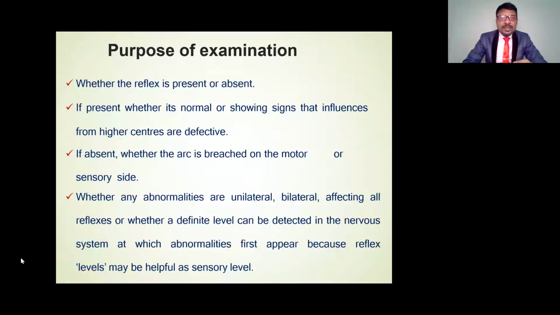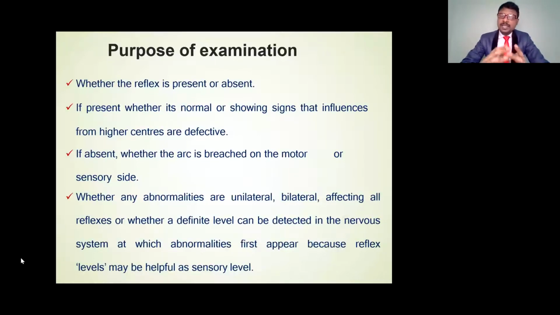If it is absent, we ask whether the arc is breached on the motor or sensory side. That means where exactly the problem is: a motor nerve problem, a sensory nerve problem, or any center problem. We check whether any abnormalities are unilateral or bilateral, affecting all the reflexes, or whether a defined level can be detected in the nervous system at which the abnormalities first appear, because the reflex level may be helpful as the sensory level.